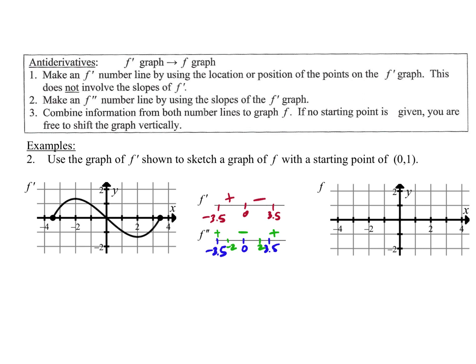So that tells us about concavity of f. From -3.5 to -2, we're concave up. From -2 to 2, we're concave down. And from 2 to 3.5, we're concave up again.